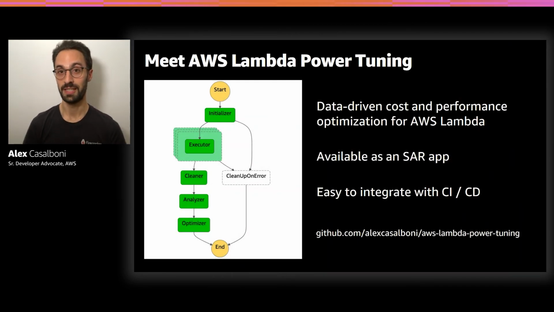So I started building, and I'm still building and maintaining, a project called AWS Lambda Power Tuning. It's basically a state machine powered by Step Functions that takes your function in input. It will run it a few different times based on the configuration, based on a few parameters that you can control, and then it will provide as output the optimal memory configuration for your specific function.